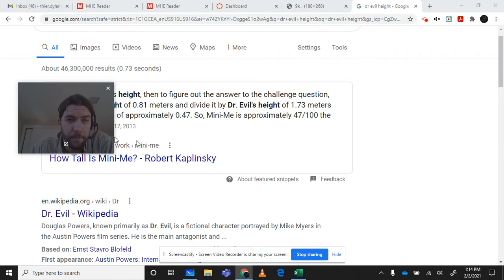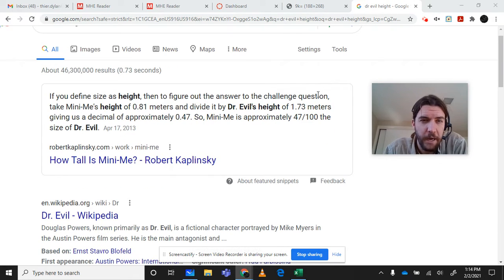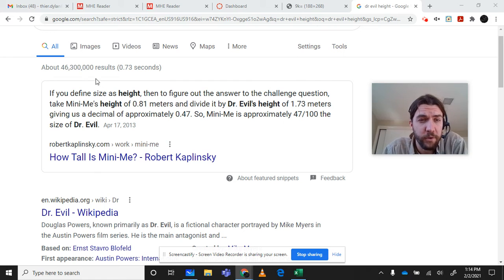I looked up Dr. Evil's height, and if you define size as height, then to figure out the answer to the challenge question, how tall is Mini-Me, take Mini-Me's height of 0.81 meters and divide it by Dr. Evil's height of 1.73 meters, giving us a decimal of approximately 0.47. So Mini-Me is approximately 47/100ths the size of Dr. Evil. Okay, so this is their proportion, 0.47.